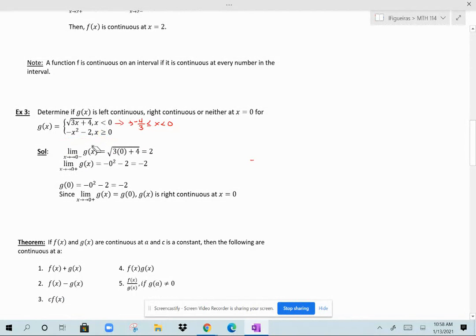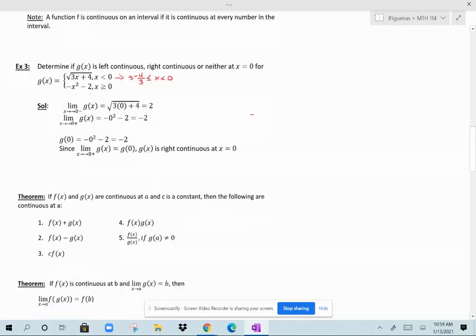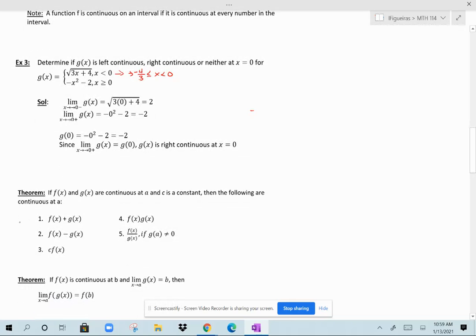So here's a theorem regarding continuity. If f of x and g of x are continuous at a and c is a constant, then the following is also continuous. If you're adding two continuous functions, that sum will also be continuous. The same is true when you're subtracting two continuous functions.